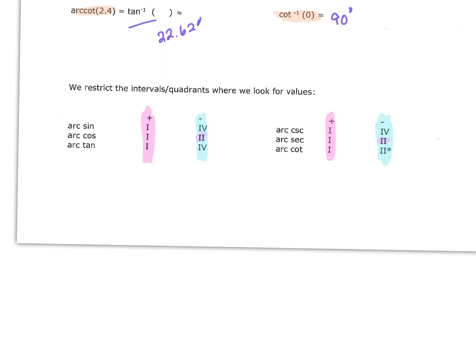And that also applies to its reciprocal. And then there's always that extra exception to the rule. Guys, you very rarely will see an inverse cotangent, let alone an inverse cotangent of something negative. Okay?